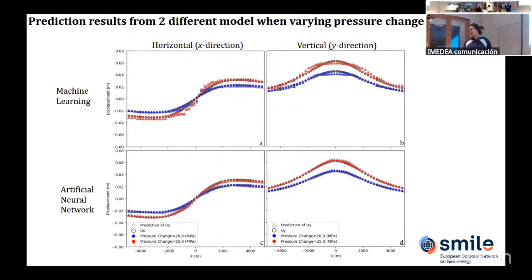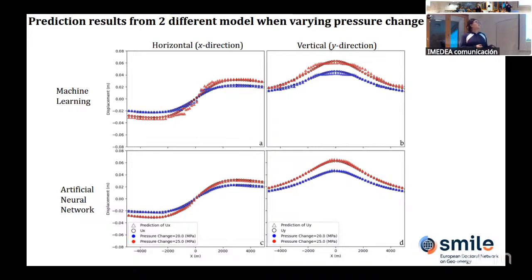And this is another result we have for now. The red color means the pressure change at 25 megapascal, and the blue line means the pressure change at 20 megapascal.